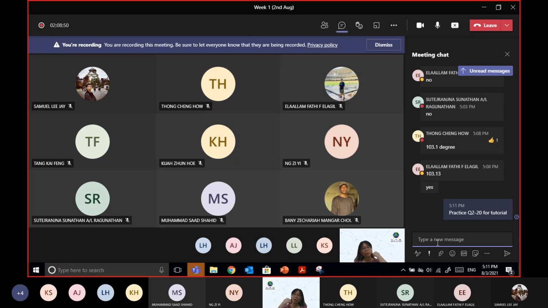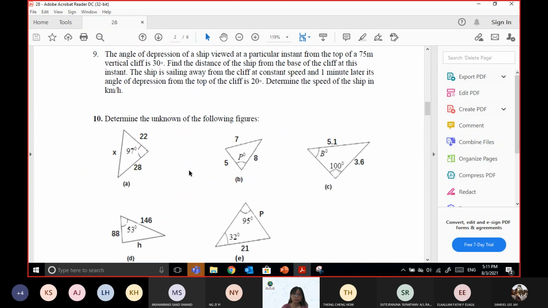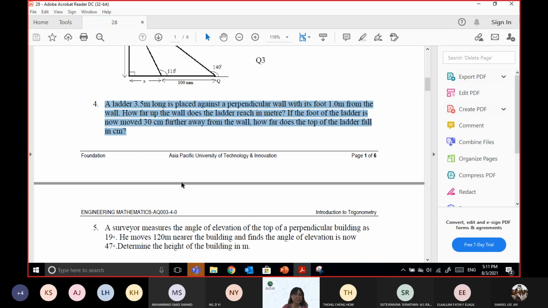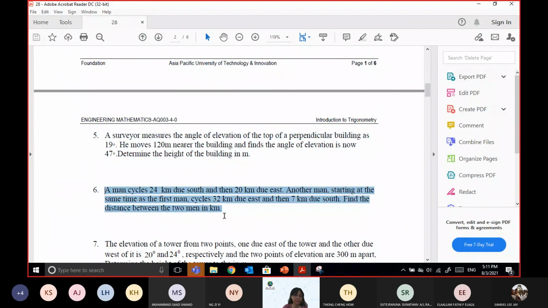It's quite a lot of questions, and some of them you really need to understand the scenario given. For this type of question, I suggest you draw out the triangle. This needs some understanding. Draw out the triangle, then it will be easier for you to understand the problem, then solve it.